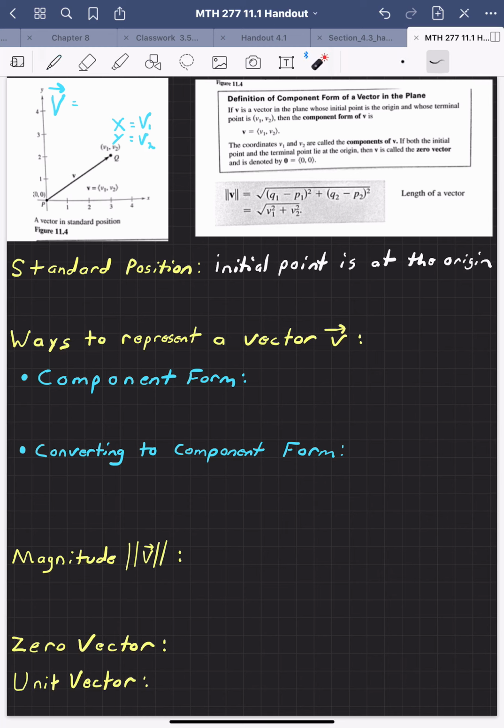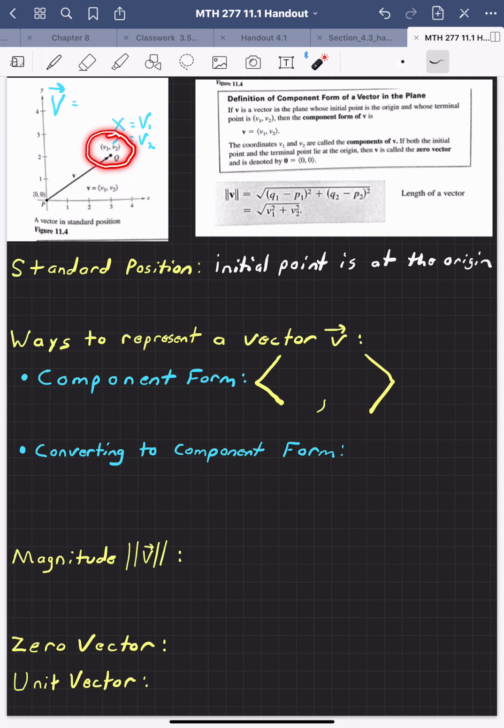Now, the notation that we use for component form is going to look like this. All right. And we're going to have a comma here to distinguish each component. Now, the good news about it being in standard form is that you can now capture the information of the vector by simply giving the terminal point.